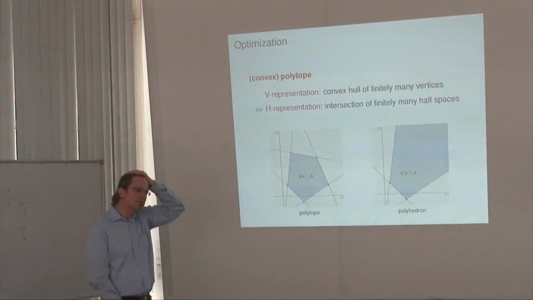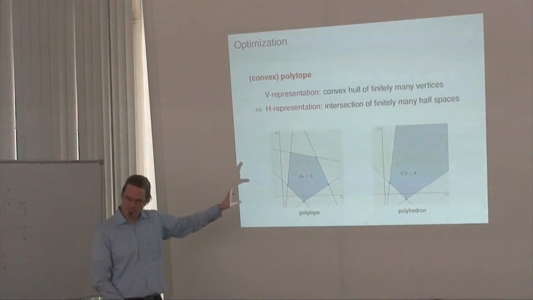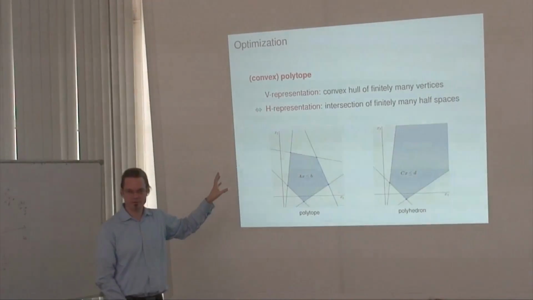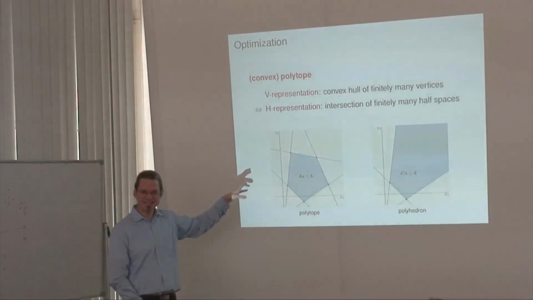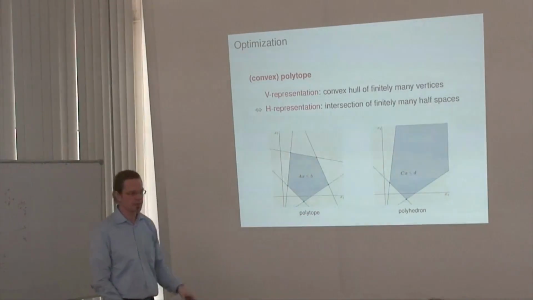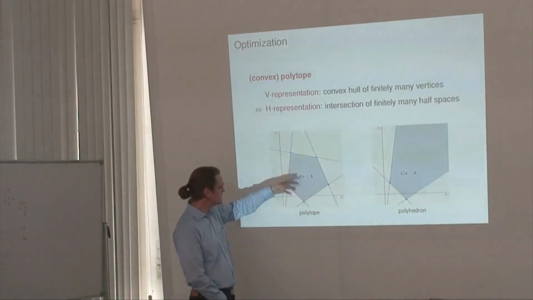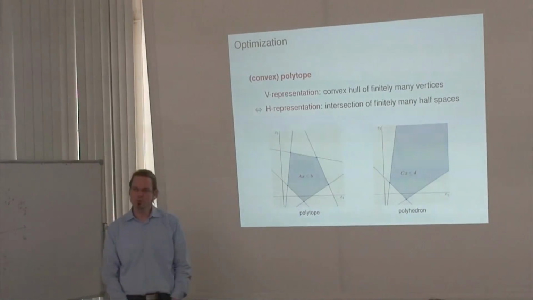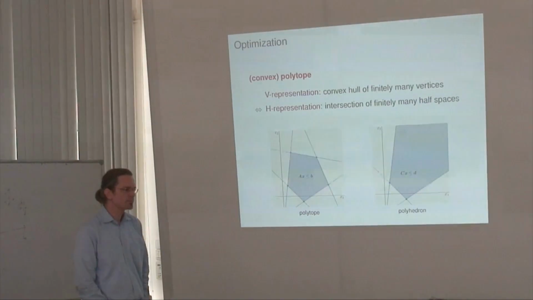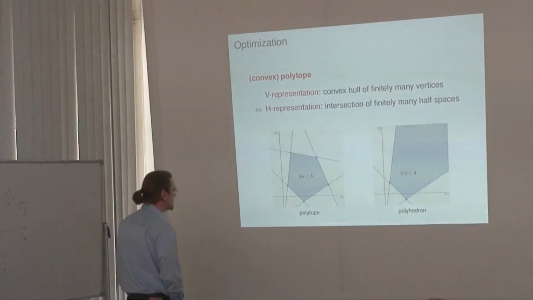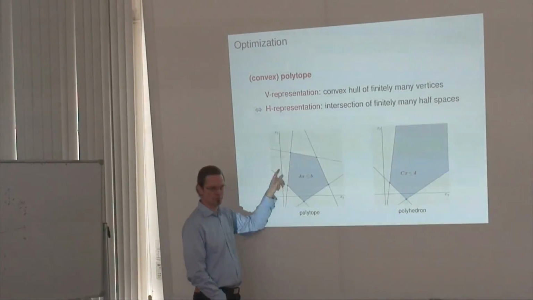And last time we came across objects like this, and once again just a two-dimensional sketch, but it works in arbitrary dimensions, right? Don't be alarmed, but I cannot plot a 17-dimensional polytope. I can plot a two-dimensional one. Last time we came across the notion of polytopes, I said convex polytopes are the convex hull of a finite number of vertices.